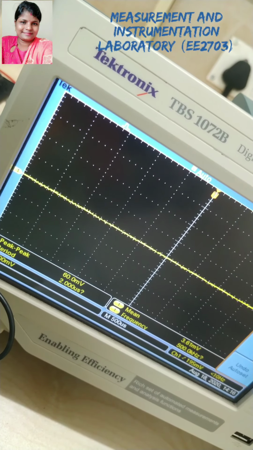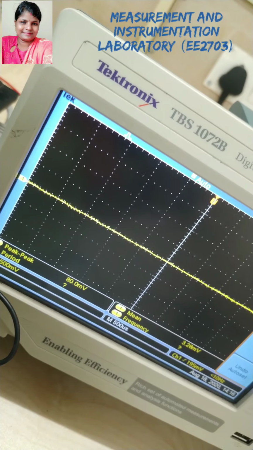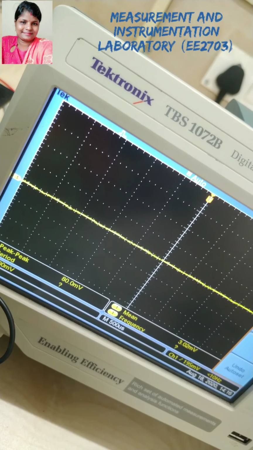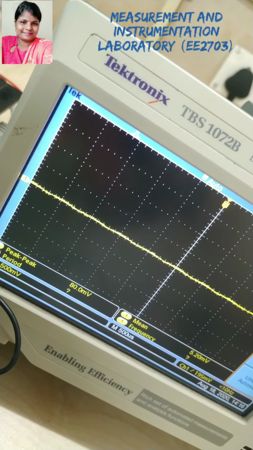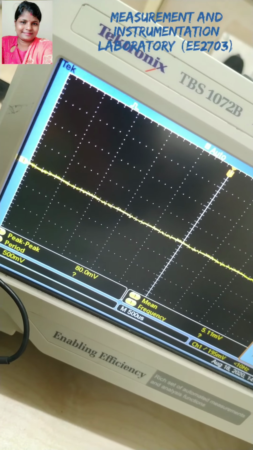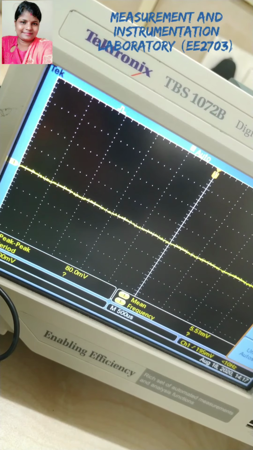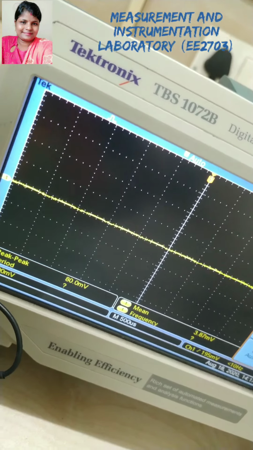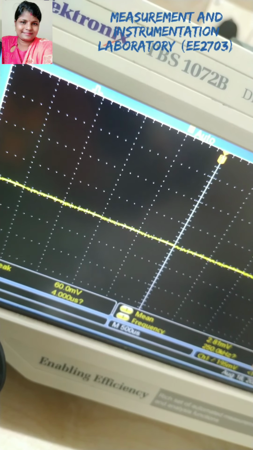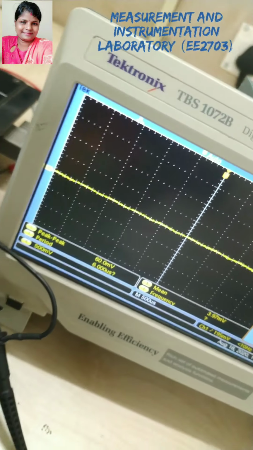The potential difference is minimum, that is the balance condition of the bridge. Here it decreases from 80 volt to 60 volt, and the bridge is balanced.